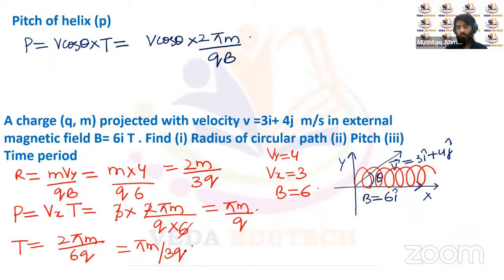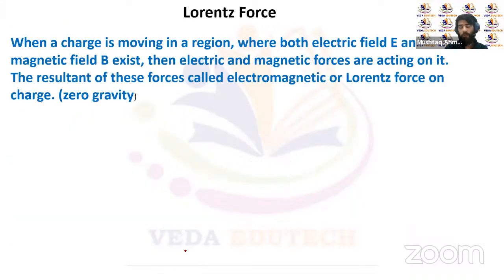The only thing that will change is the path of this particle. The radius depends upon the vertical component of the velocity, so the radius will be given by m v perpendicular upon qB. So that's it with respect to the different paths of a particle.